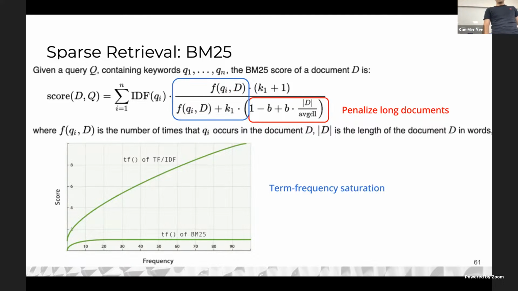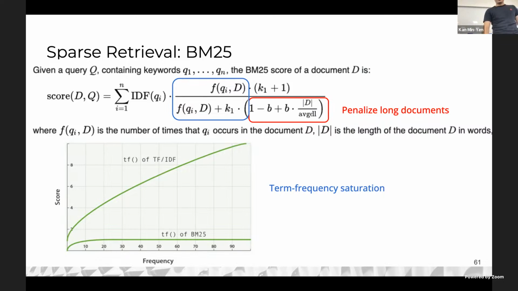And why do we put it in both the numerator and the denominator? We want to avoid this term being too frequent and causing the entire thing to just go up. For example, if a document repeats the same word 100 times, then this term frequency will be very large. But we don't want that because it's not meaningful.